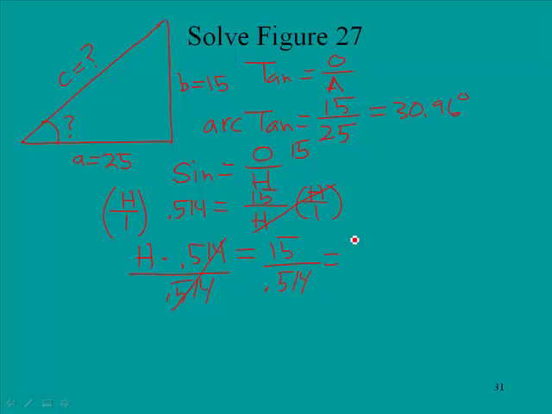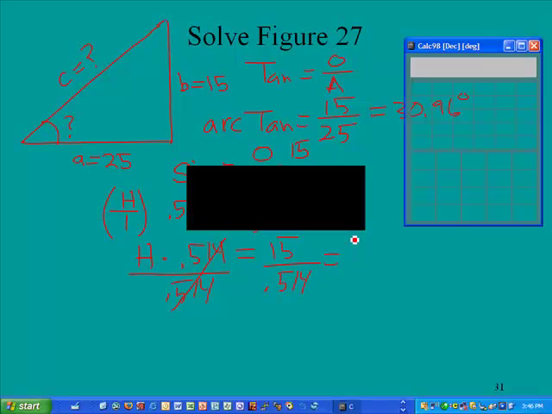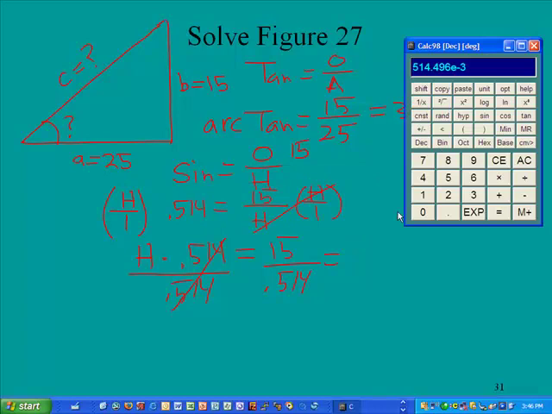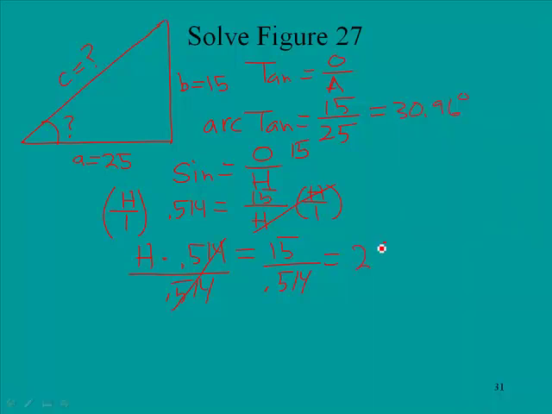On our calculator, 15 divided by 0.514 gives us 29.183. That should be our solution for H right here.